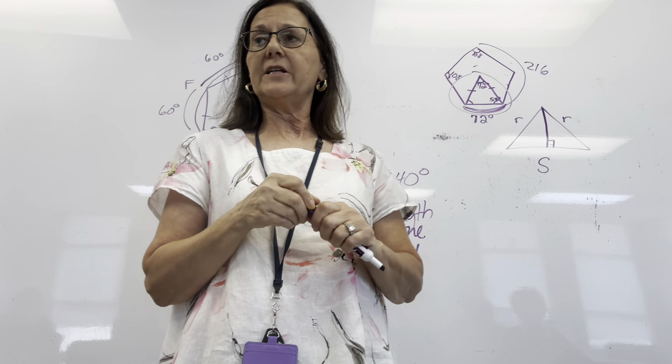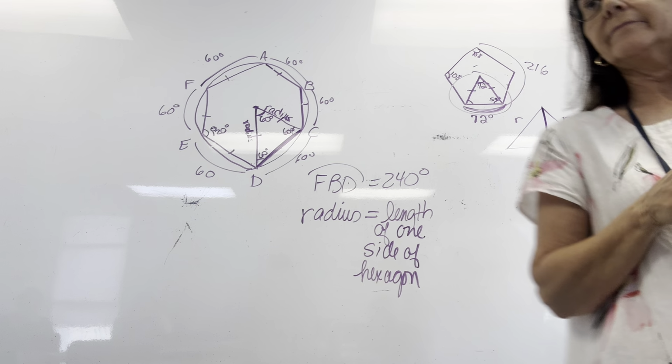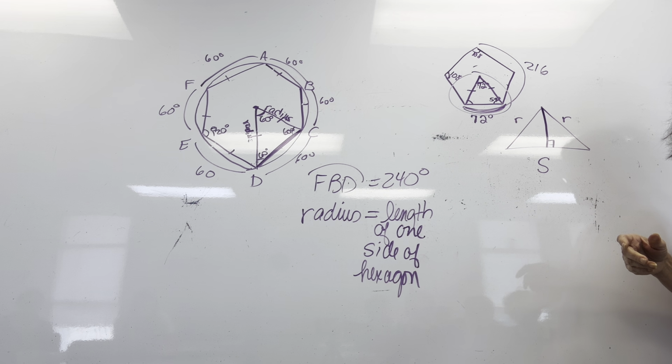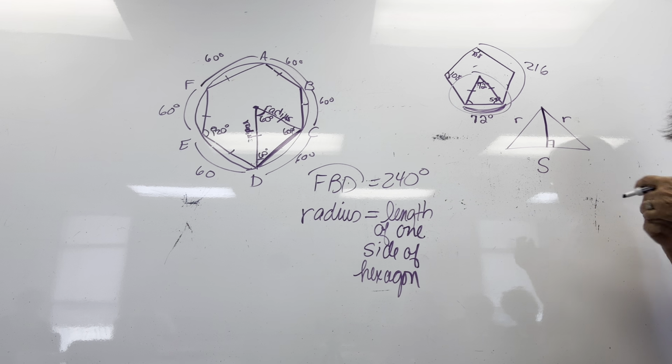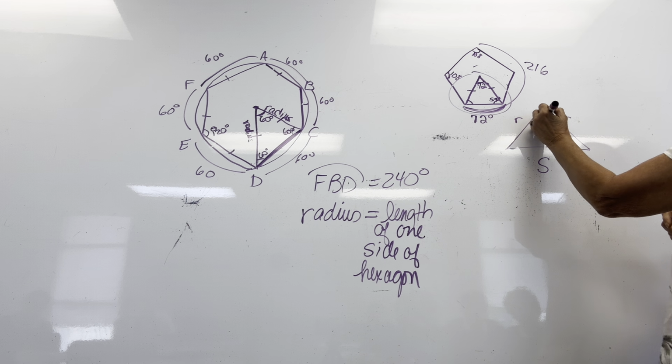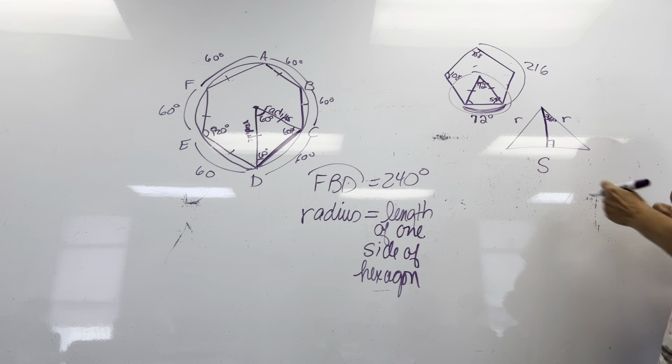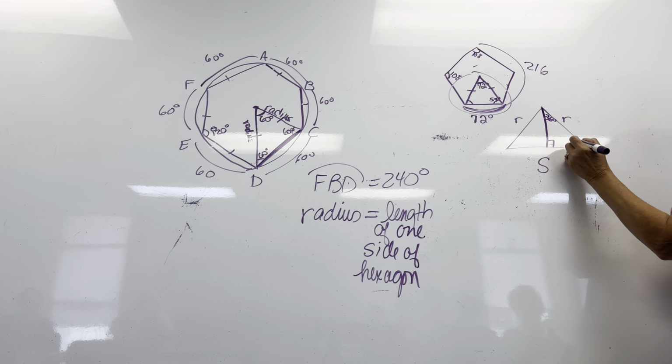So what's half of 72? 36 degrees. And this would still be 54 degrees.